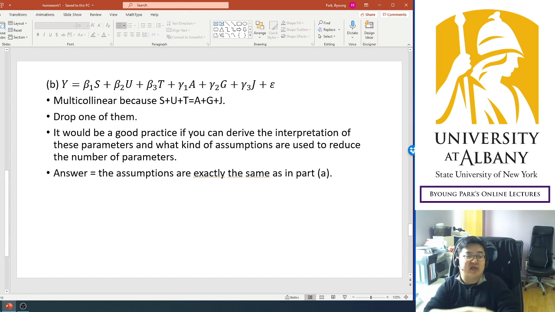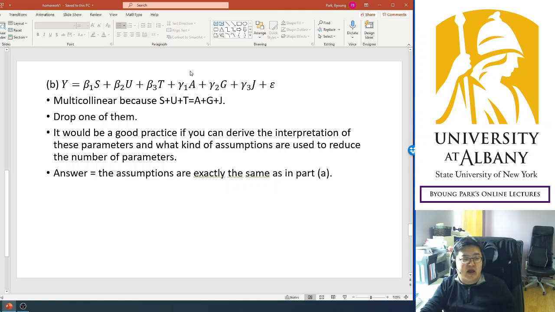Okay, so the next question, B. In this example, there is no intercept, but still there is multicollinearity, because S plus U plus T equals A plus G plus J. So it is easy to see that the multicollinearity problem exists.